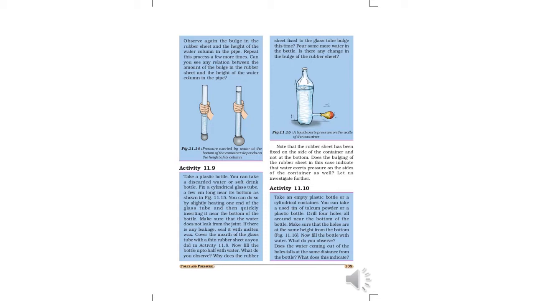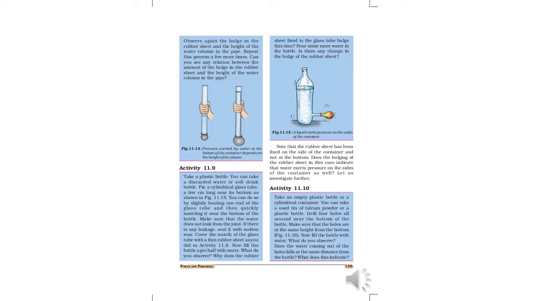In that picture, one plastic or glass tube is taken, and one end is covered with a balloon and filled with water. We can see the balloon or the rubber sheet is bulging. So this experiment I explained last class. Today we will continue with the next activity. Here 2-3 activities are there, so you can try also.